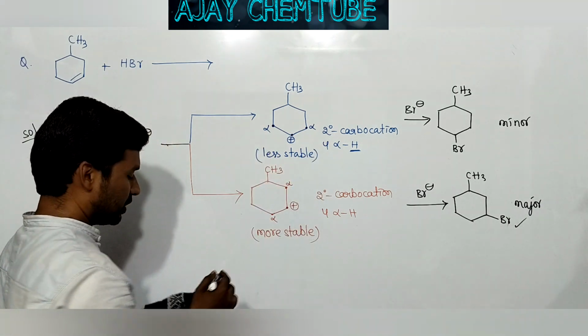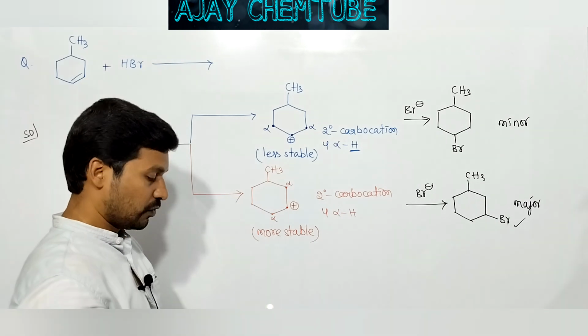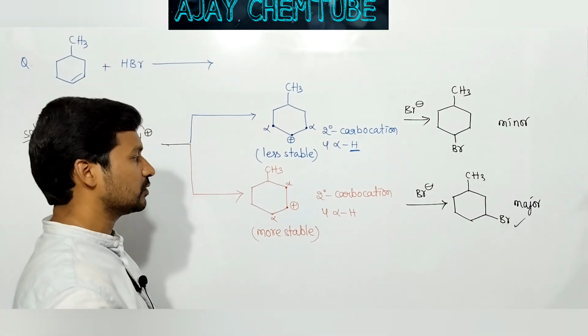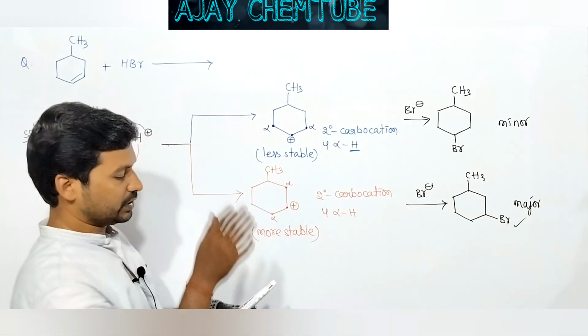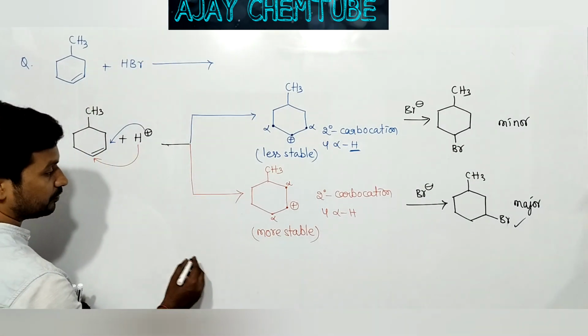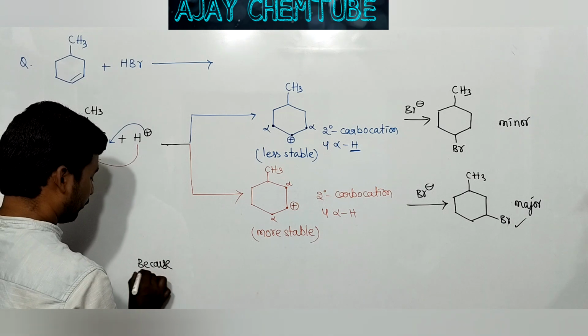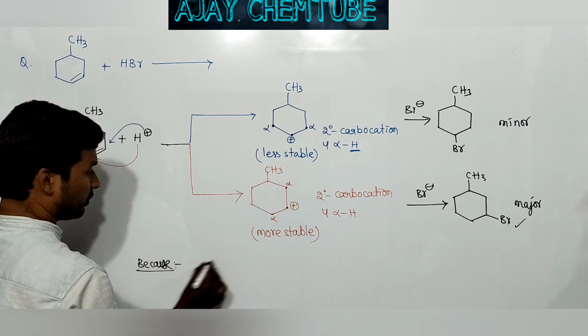Carbocation stability factors are the same here. Both are secondary carbocations. Both have 4 alpha hydrogens. Hyperconjugation effect is also the same, even though this is more stable. Why? That is my point. This is the answer, the reason for this one.